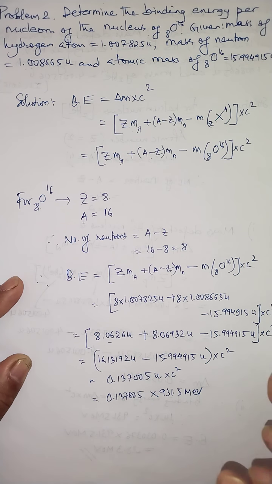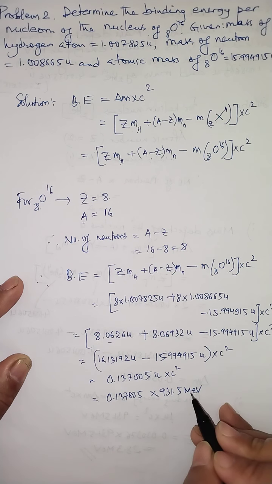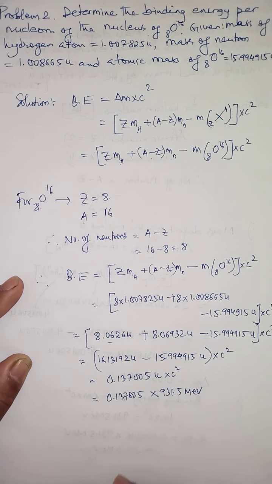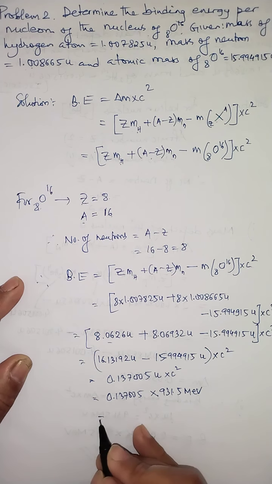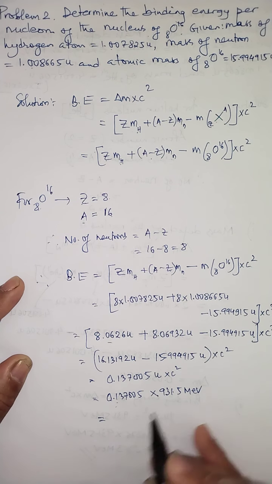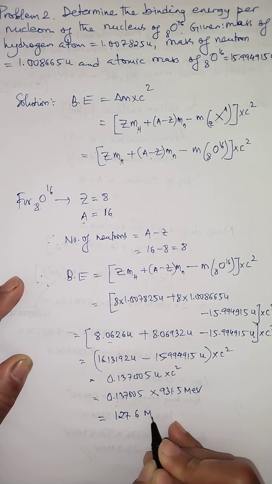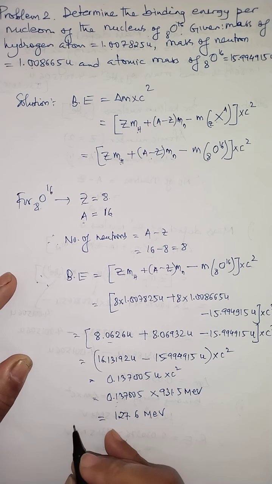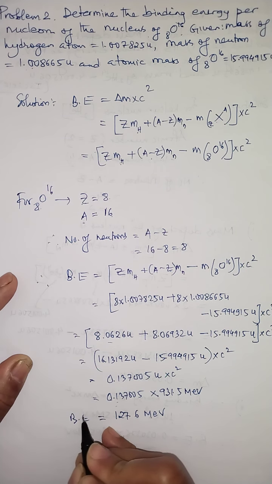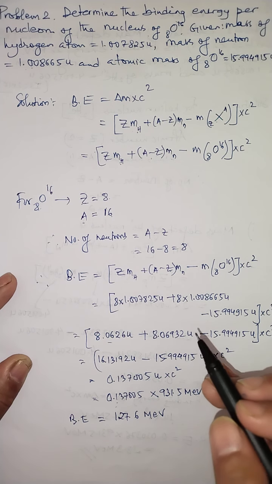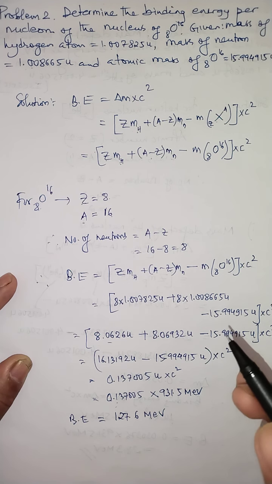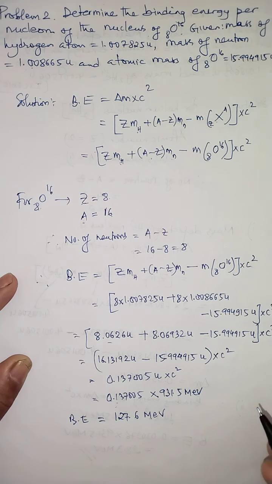If it is given as 931.5 mega electron volt, multiply by that value only. So we are using this value now. If you multiply these two quantities, you get 127.6 mega electron volt. So what is this? This is the binding energy of the nucleus of the oxygen ₈O¹⁶ atom.